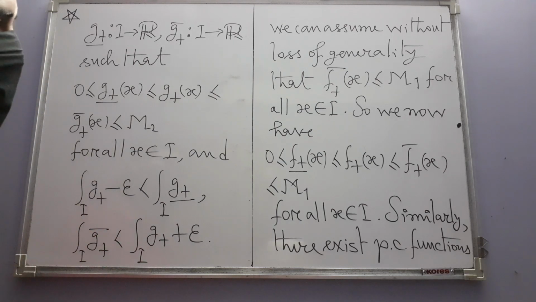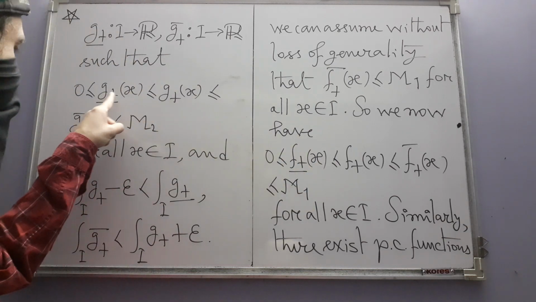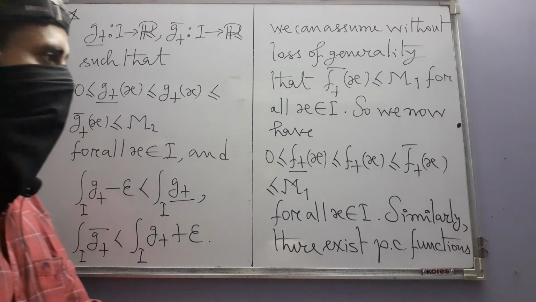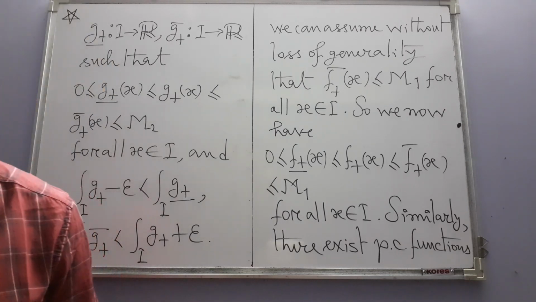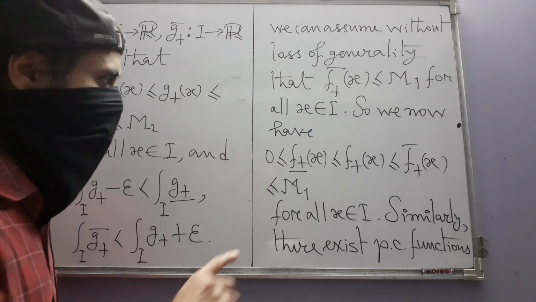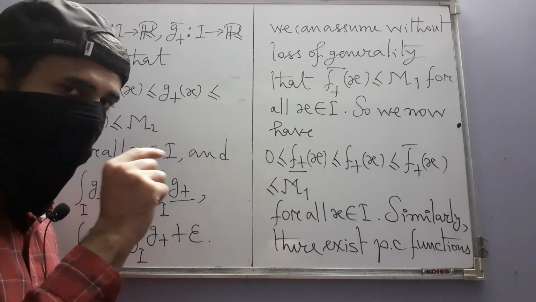Now let us see what we can next say about this product. Say you take the product of f plus underscore and g plus underscore. What can you then say? You may be wondering why we needed the non-negativity condition here. Now you will realize why.